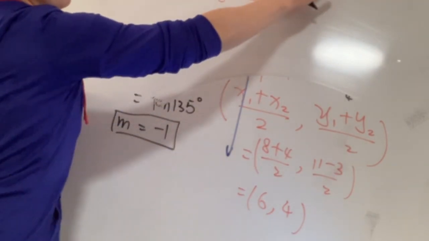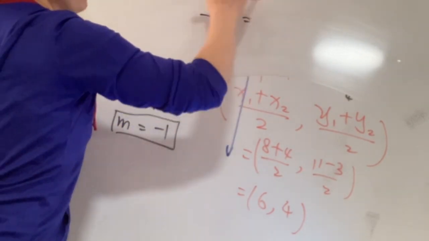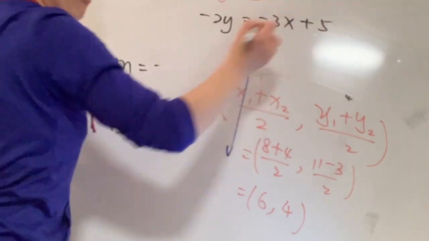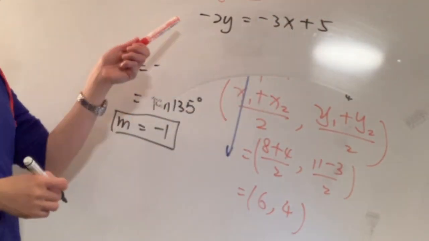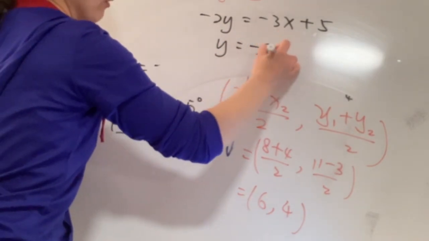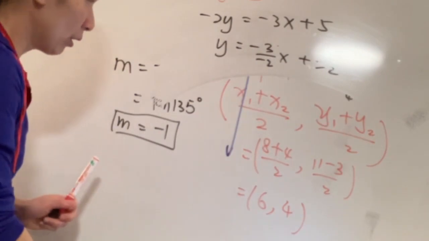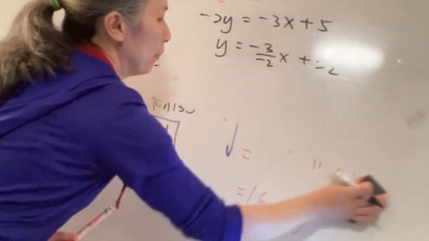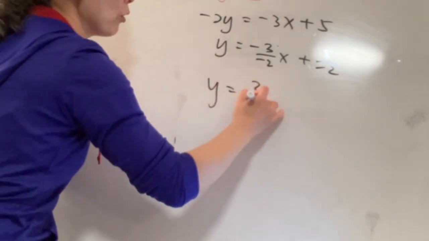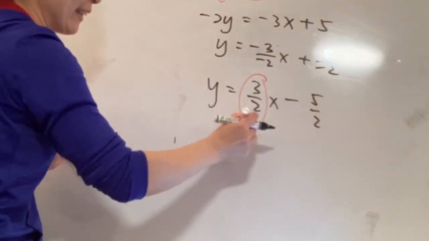If I keep the minus 2y here, I bring the x over by minus 3x plus 5. Then I divide every single term by minus 2. So I have minus 3 on minus 2 x plus 5 on minus 2. Simplify further: y equal to 3 on 2 x minus 5 on 2. So this is my gradient.